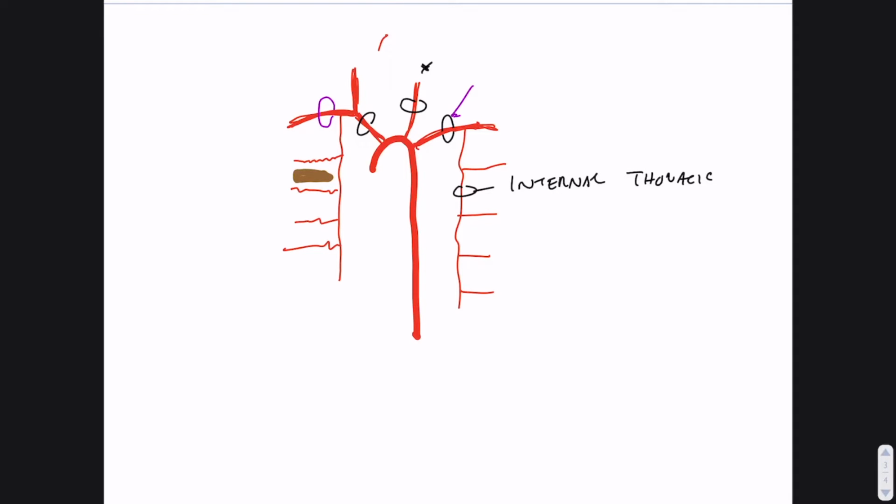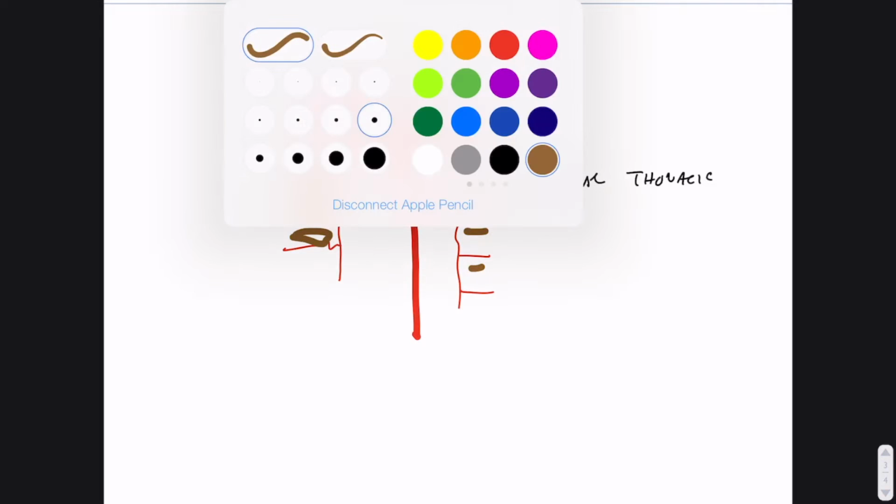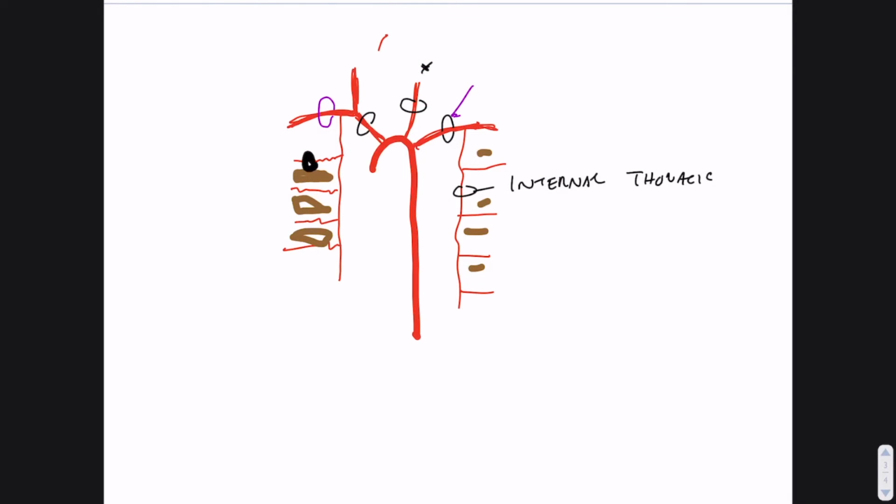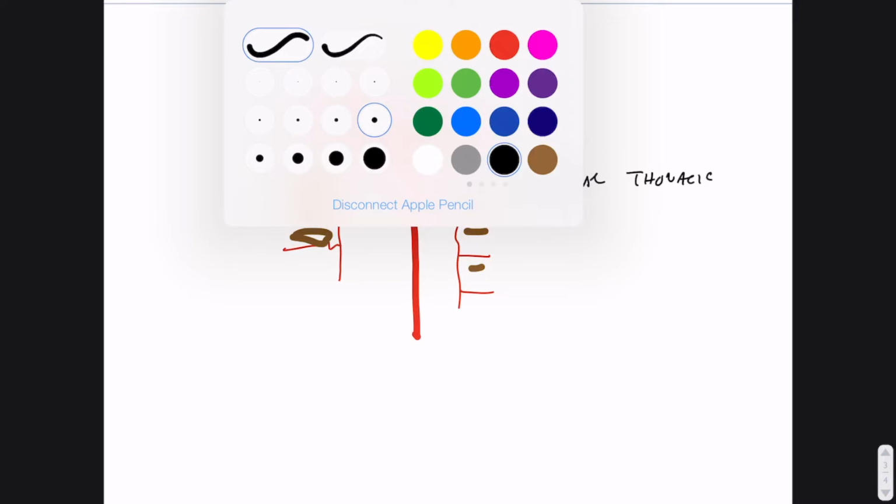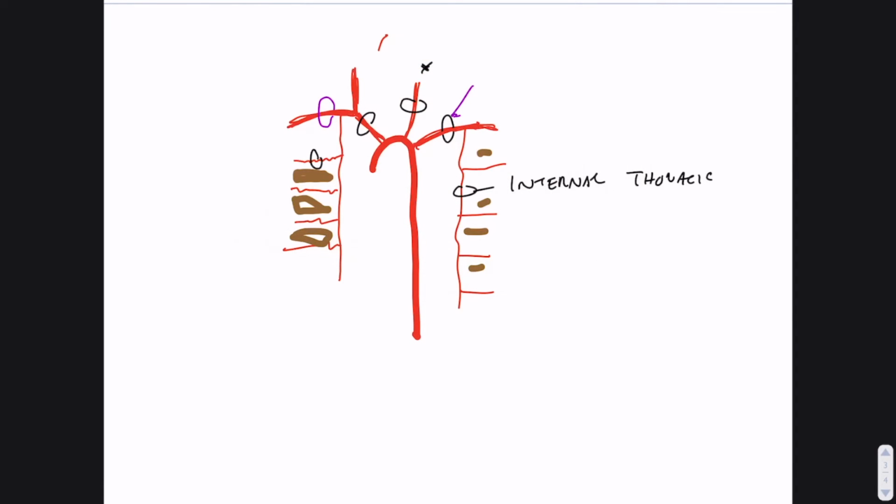So if I draw a rib here, rib, rib, rib, rib, rib, we would call these the anterior intercostal arteries. So all of those little branches that come off the internal thoracic, they're anterior intercostal arteries. That is what is going to be our blood supply to the anterior parts of the muscles, or the ones that are supplied strictly anteriorly.